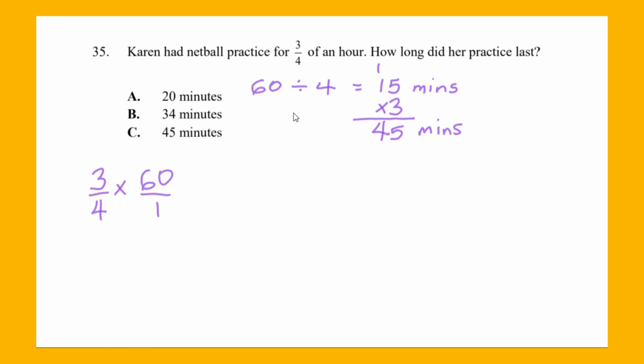Yes, we found out that just a while ago. So 4 goes into 4 one time, and 4 goes into 60 15 times. And then 3 times 15, we established that that is 45. So 3/4 of an hour is 45 minutes.